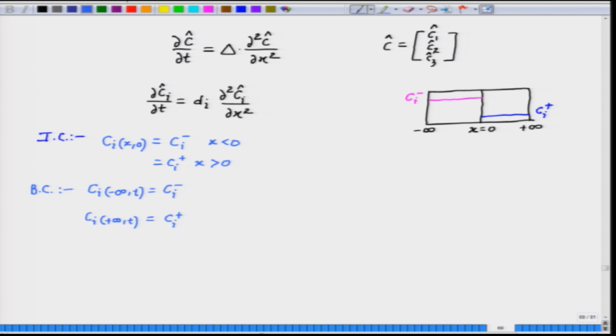And when we solve the diffusion equation for the binary diffusion couple, we also used the condition that Ci at x equal to 0 at any time t, since the diffusivities are constant, should be the average of the two end concentrations, right. This should be Ci minus plus Ci plus divided by 2.